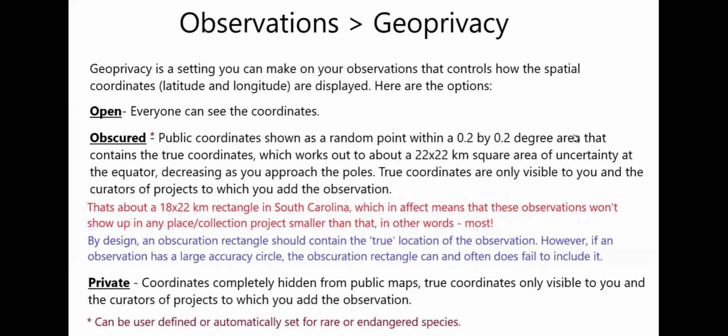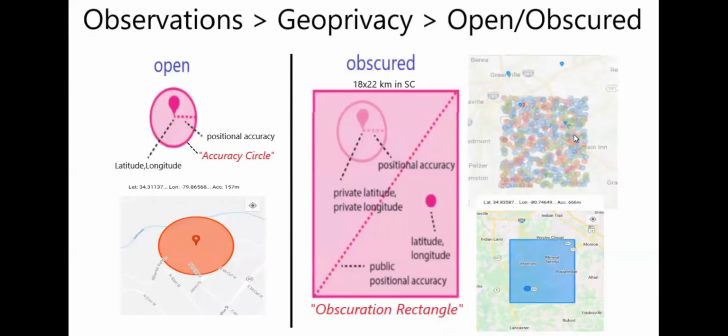And private, not even going to talk about it. It's nobody can see it except the person who downloaded it. So we've got the two categories here. If you look at an observation that's open, you get the little push pin and an accuracy circle if it's been recorded.